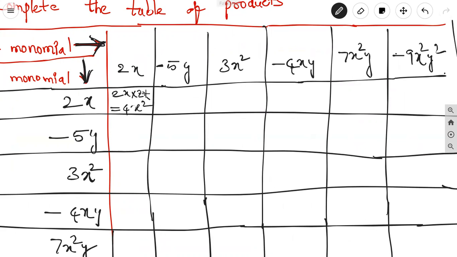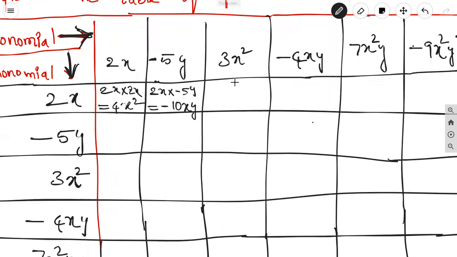The second one is 2x into minus 5y. 2 5s are 10, plus into minus, minus 10xy.